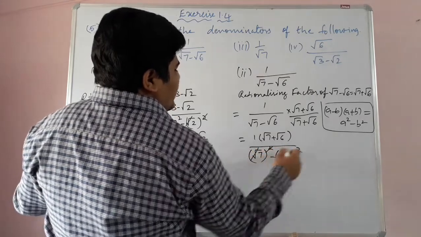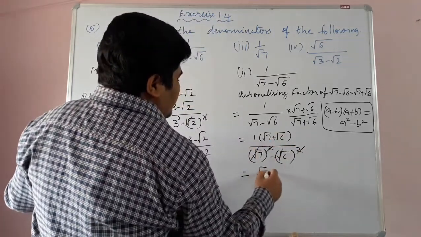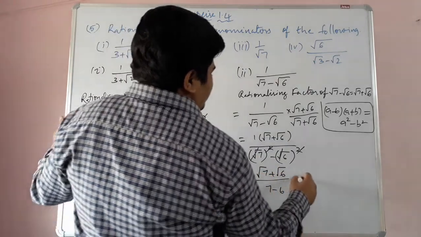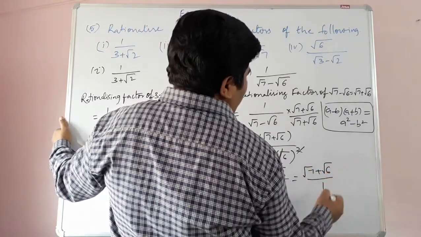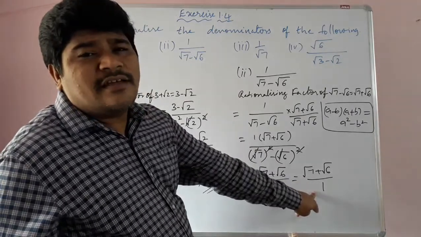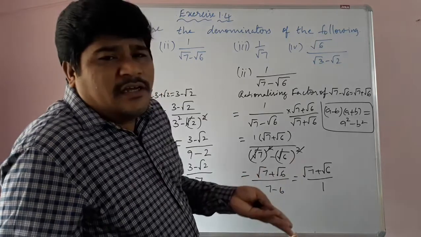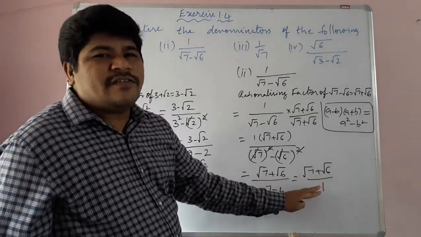Okay, square root cancelled, and 1 into this expression there is no change. Root 7 plus root 6 by 7 minus 6, that is equal to root 7 plus root 6 by 1. And students, what type of number is this? Rational number. Yes or no? So they are asking us to rationalize the denominator. Yes, we rationalized. So in this way we will solve.